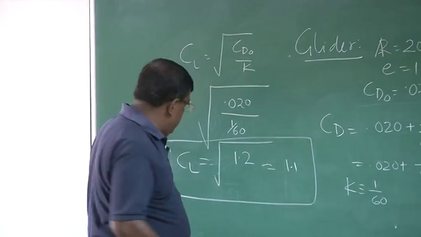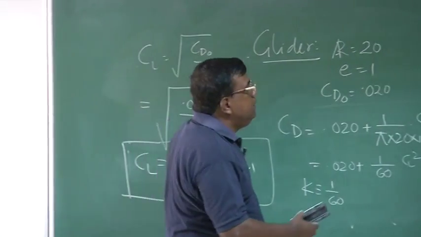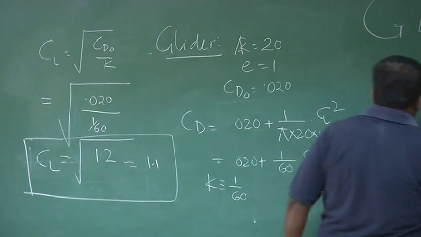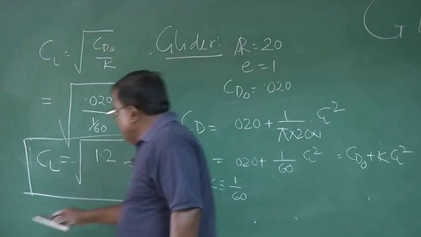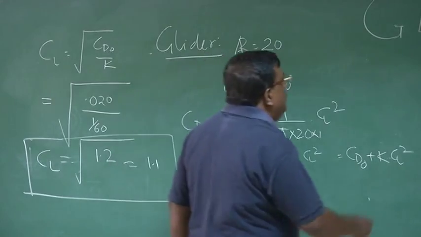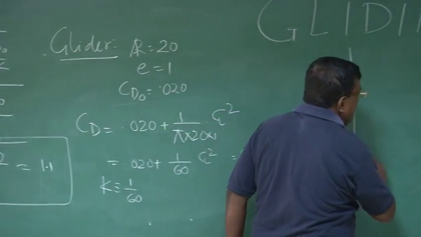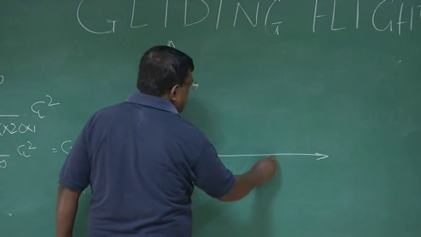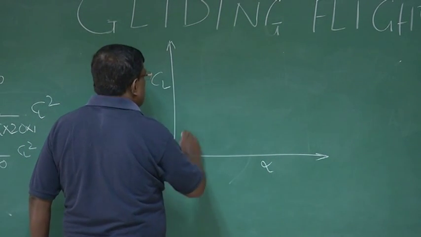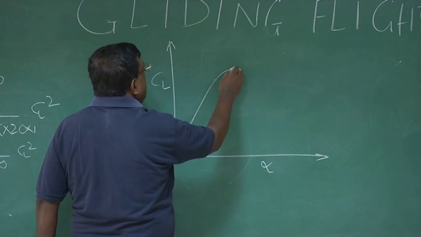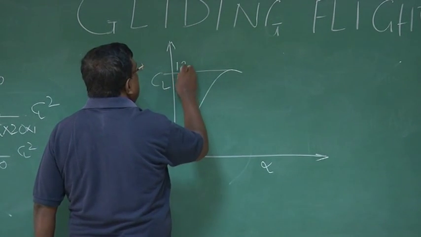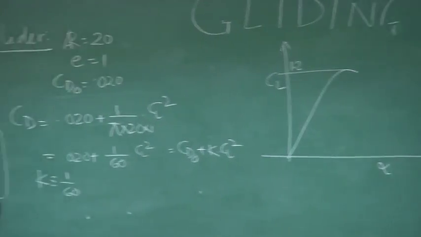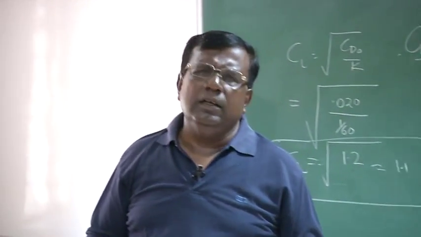Now what is happening, you see? The moment you say this, what is actually the real situation? You know by now that if I plot CL versus alpha for an airplane, the maximum value is around 1.2, if I don't use flaps etc. Normal, it is 1.2, the realistic value.